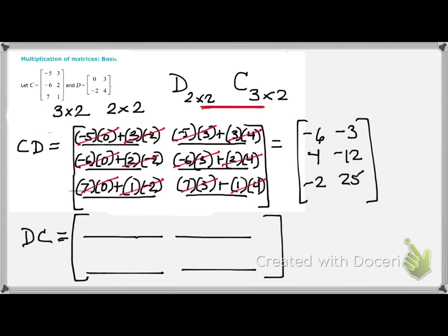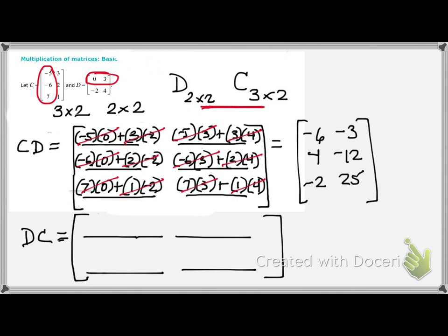And what happens is this would be, following the process, the first row, first column. So I would go first row of D, because D comes first, and the first column of C, because C comes second. So I'd be starting here, starting with C, or with D. Okay?